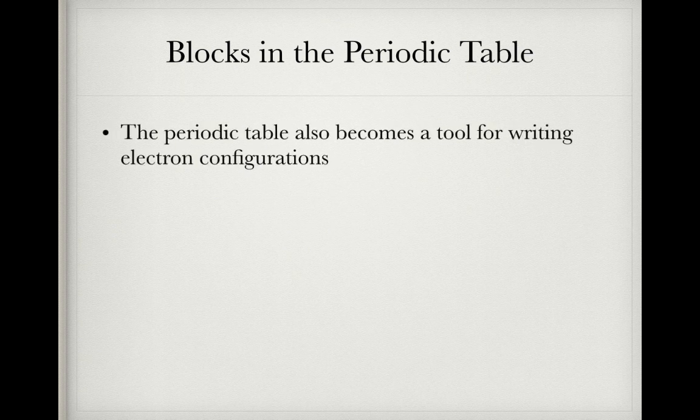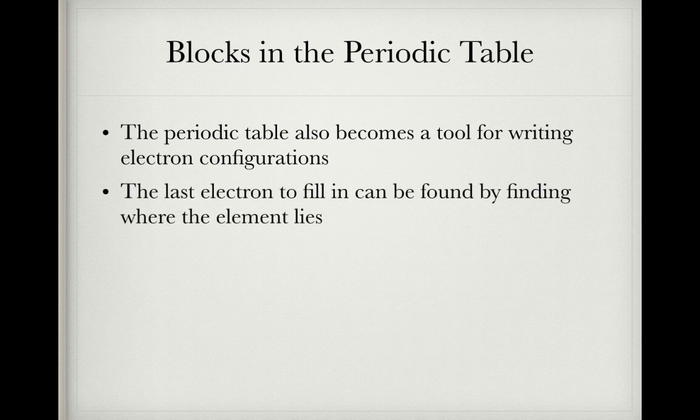Now we can also use the periodic table to help us write electron configurations, and it becomes a very important tool when we're doing so. The last electron to fill in can be found by finding where the element lies in the periodic table, meaning what block it is in, and which element it is in that block.